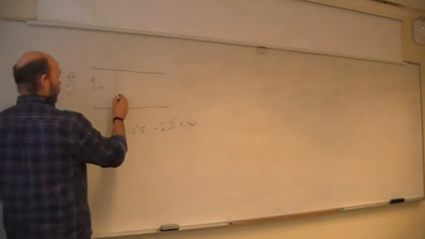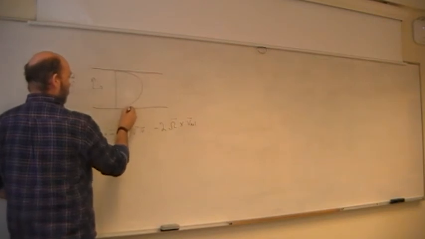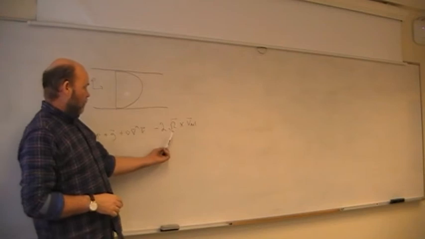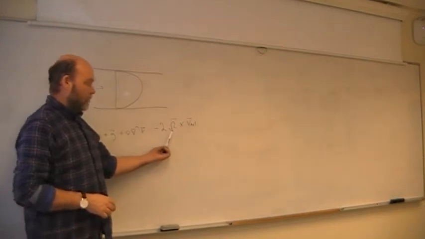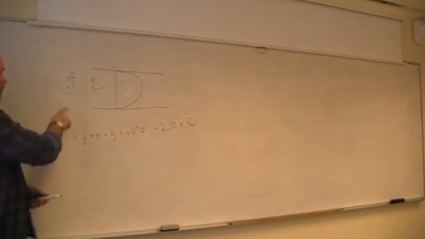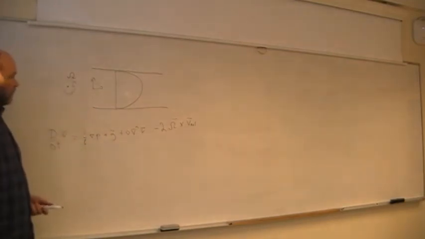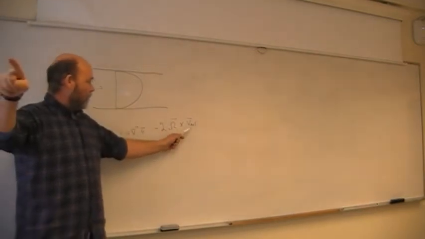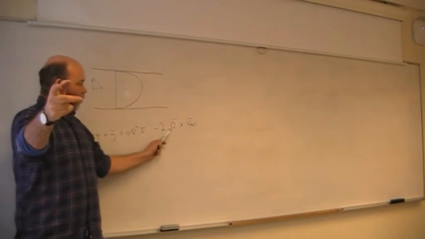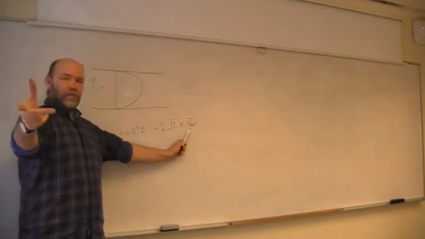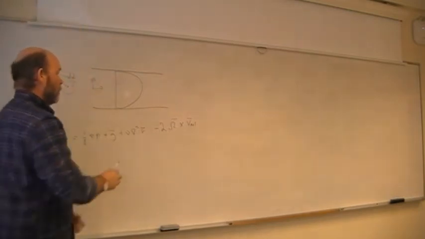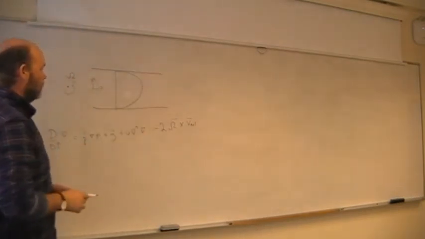So when you have a flow going in this direction, what will be the direction of this additional apparent force? Well, the omega goes in this direction. The relative velocity goes like this. Okay, so omega cross v relative should go up. Negative, go down. So you will have a force in the downward direction.